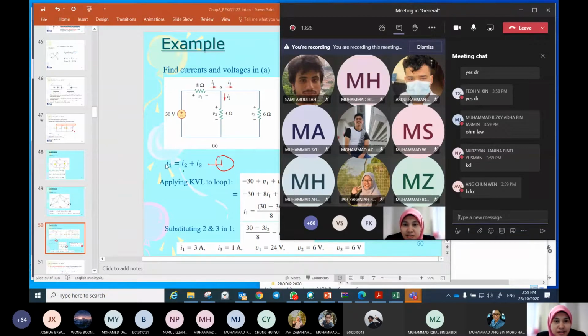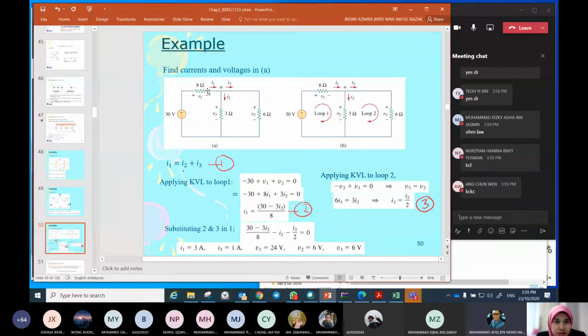So it is KCL. Current entering a node is equal to current leaving the node. So I1 is equal to I2 plus I3, KCL. This is our first equation.